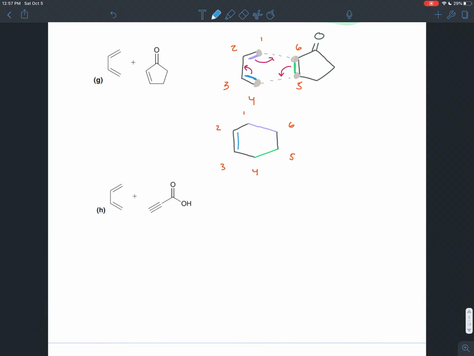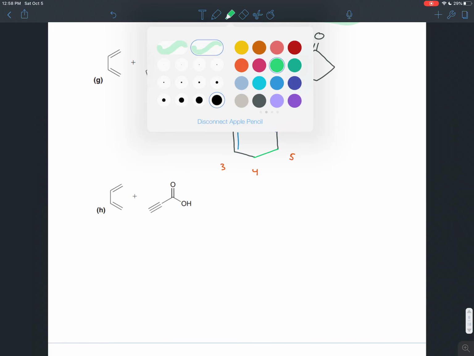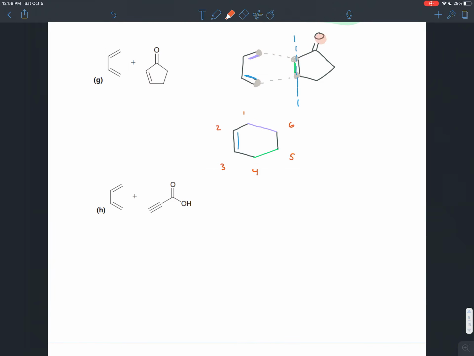Now we just need to think about the electron withdrawing group and the rest of the molecule that's coming off of the dienophile here. The dienophile has a double bond. If you draw a dotted line going down the long end of it, you will see that on the top you have a branch going to the right, and on the bottom carbon you have another branch going to the right.